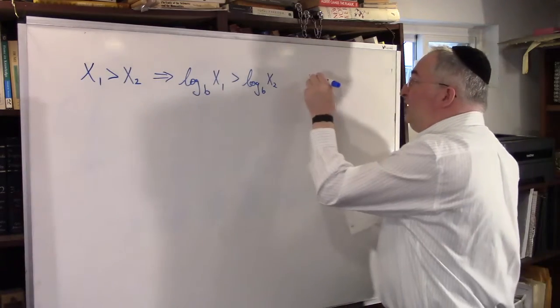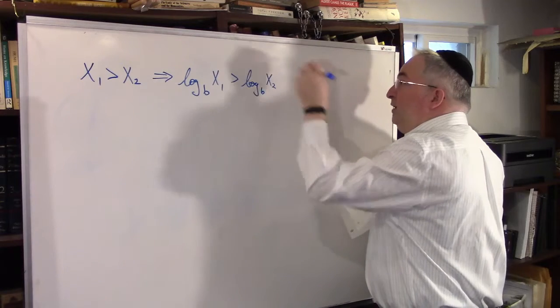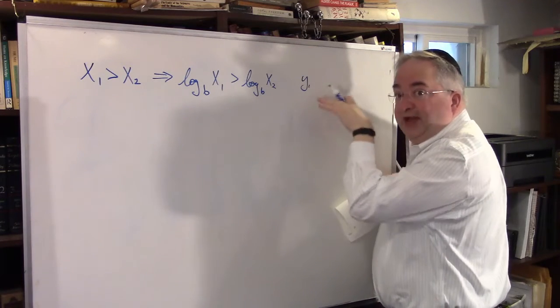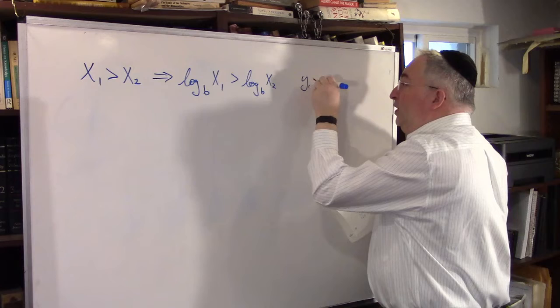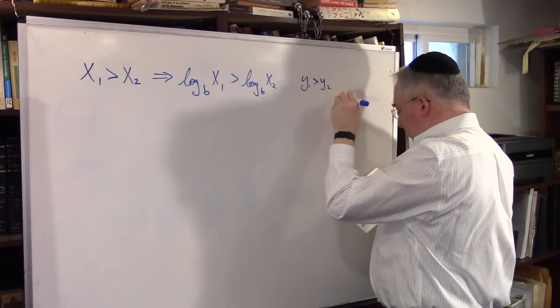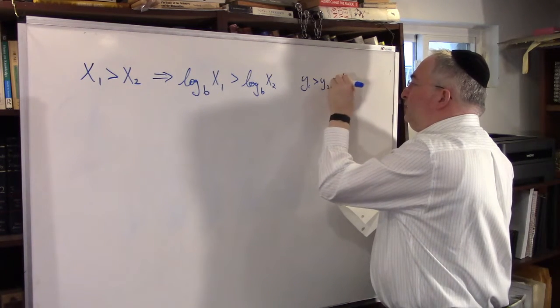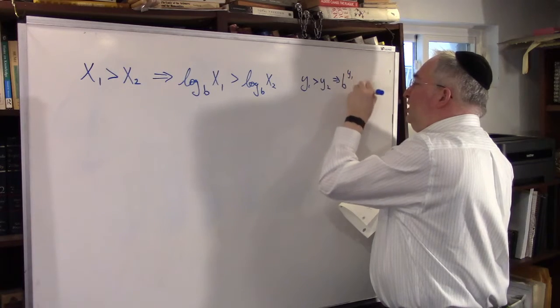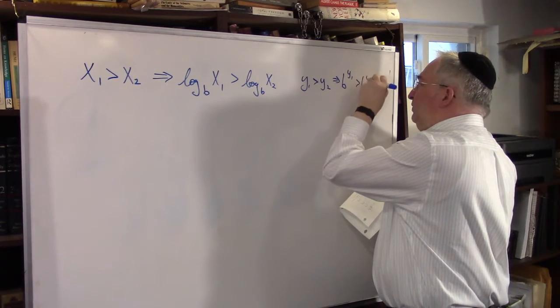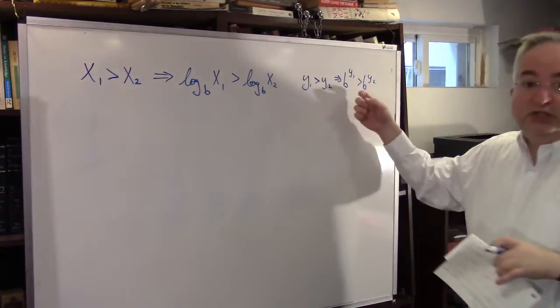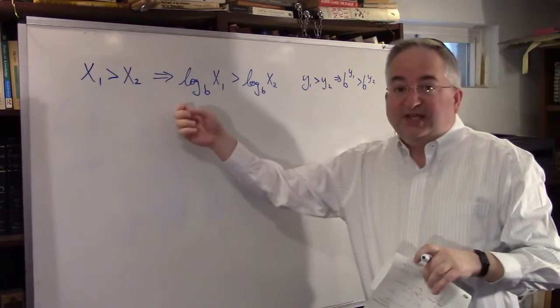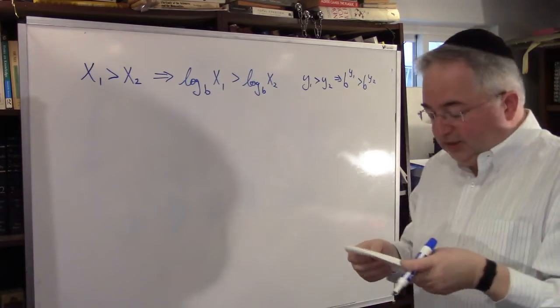This is the same thing as follows. If y1 is greater than y2, this implies b to the y1 is greater than b to the y2. Okay, so this property we know since 4th grade. This property is saying the same thing, but if you have to stand on your head.